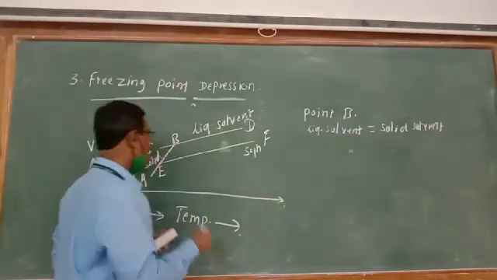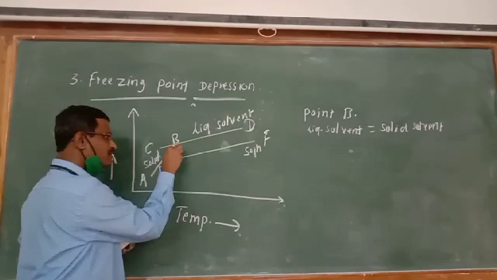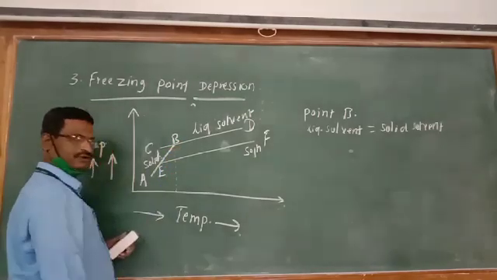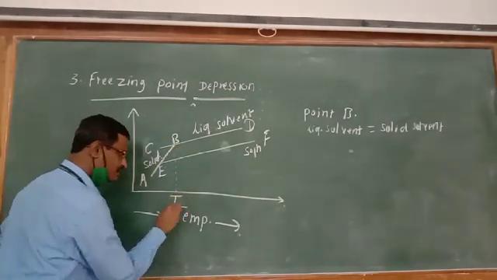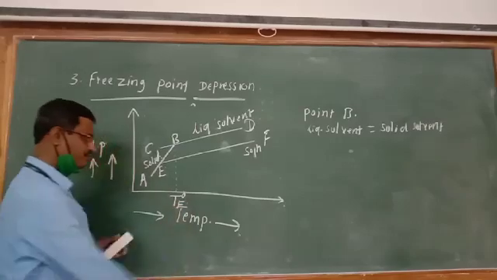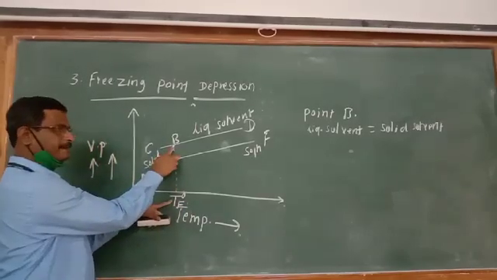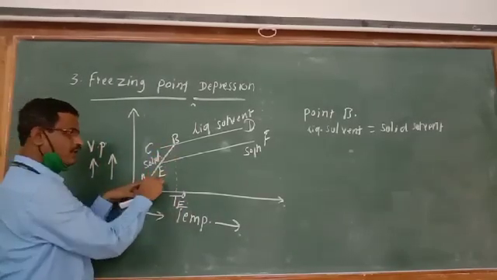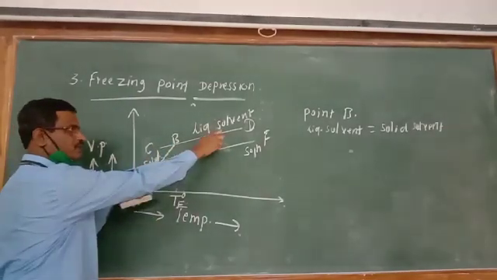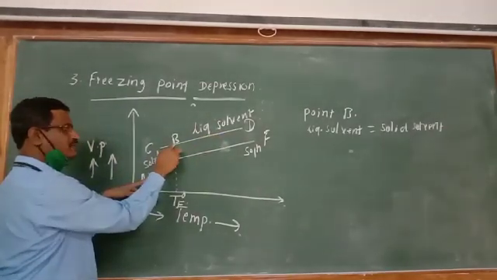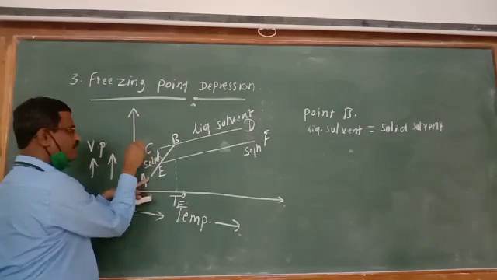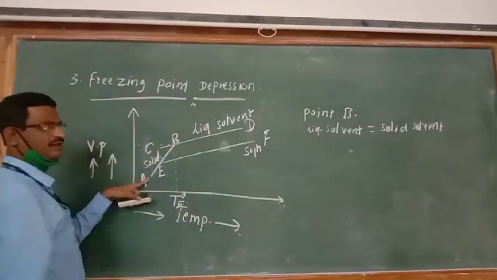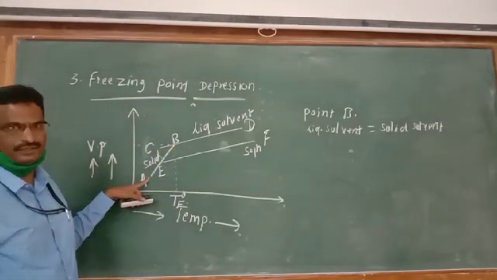This is the corresponding temperature. Let us consider this temperature as T0F. At this temperature, the solid phase and liquid phase solvent are in equilibrium with each other, and they exert an equal vapor pressure.